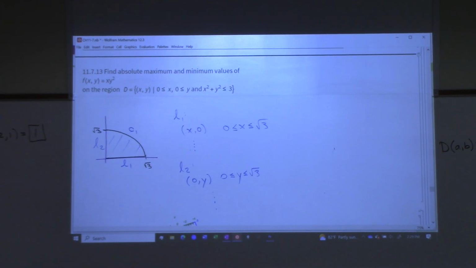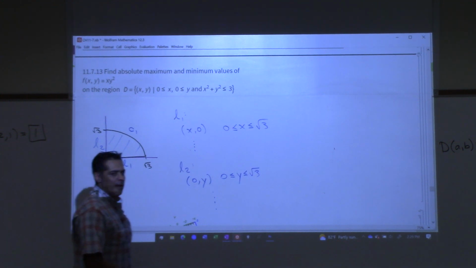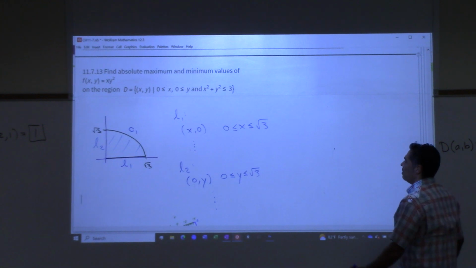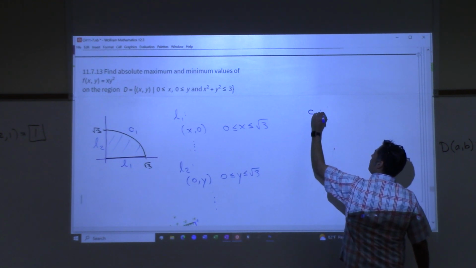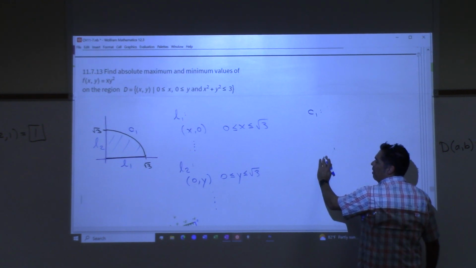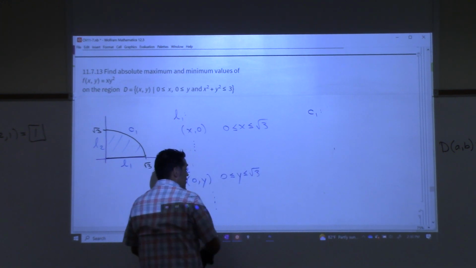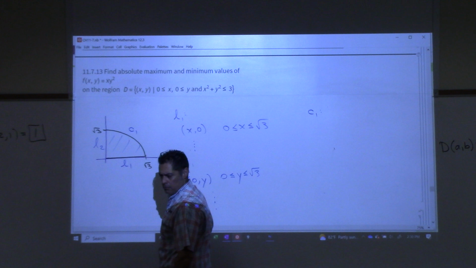The C1 is the more interesting one, because we have a relationship between x and y, and neither of them is fixed. So on C1, I'm going to go back to the idea that on the boundary, it's a circle.